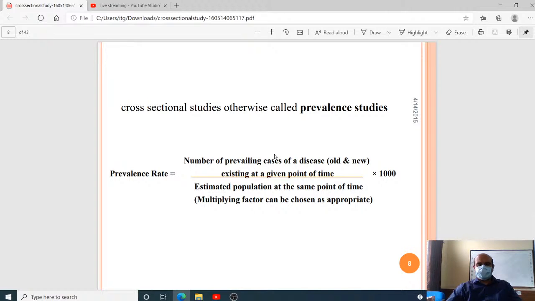Now prevalence rate is equal to the number of prevailing cases of the disease, old and new, existing at a given point of time, upon the estimated population at the same point of time, multiplied by 1000.